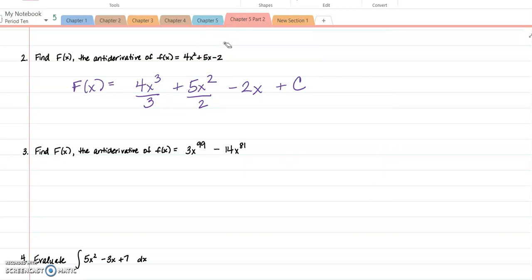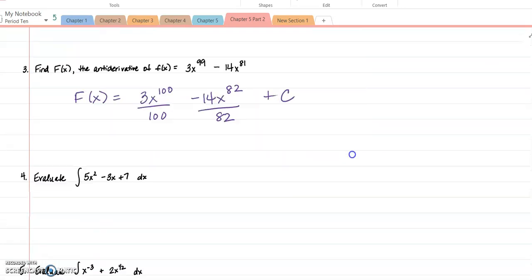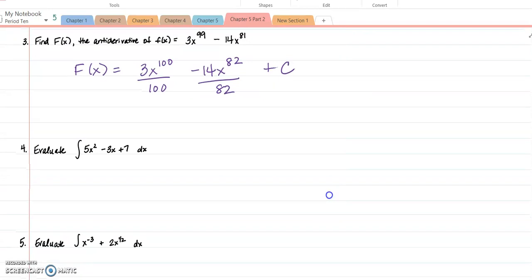Number 3. 3x to the 100 over 100 minus 14x to the 82 over 82 plus c. Number 4. There's that idea again. It's not said in the same language, but this integral is the antiderivative.